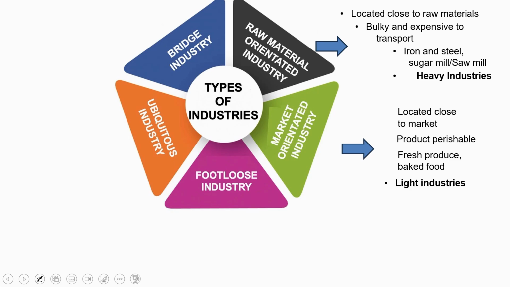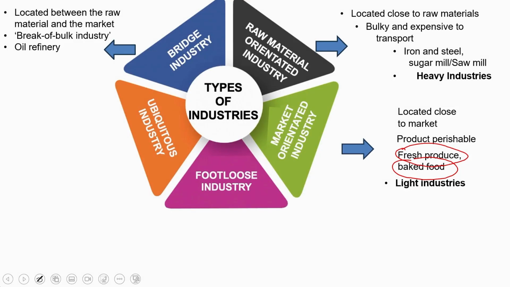So your vegetables, your milk products, they are going to have very, very short shelf life, okay? So that's where you get your fresh produce and your bakeries, baked food. So in essence, your raw material oriented industries are your heavy industries, and your market oriented industries are your light industries, okay? Let's move on to the bridge industries.